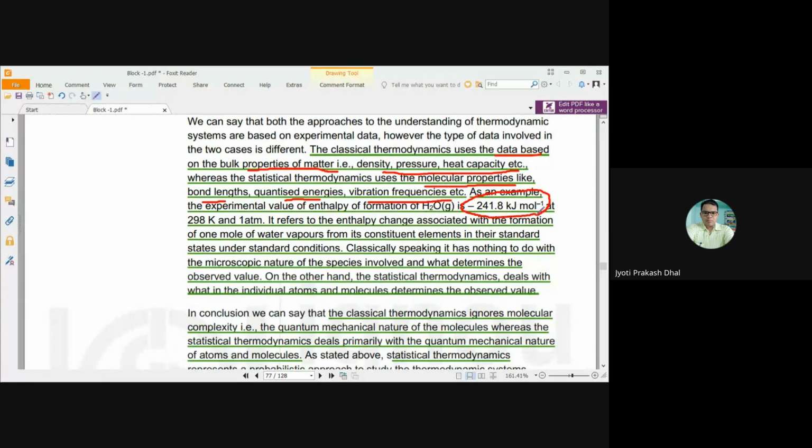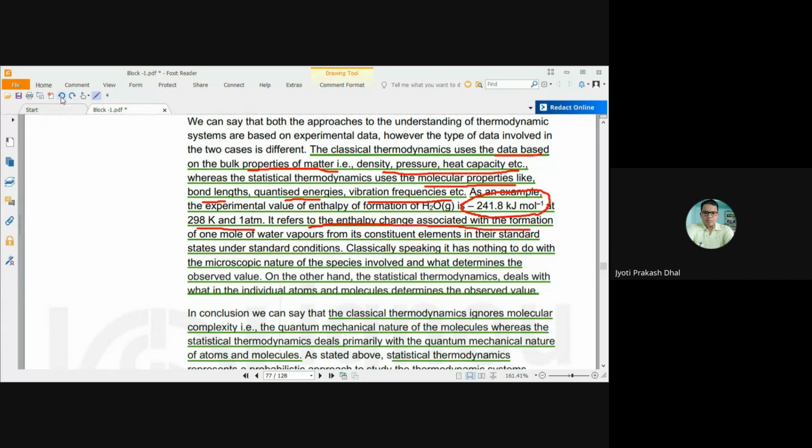The experimental value of enthalpy of formation of water is minus 241.8 kilojoule per mole at room temperature and 1 atmospheric pressure. It refers to the enthalpy change associated with the formation of 1 mole of water vapor from its constituent elements in their standard state under standard conditions.